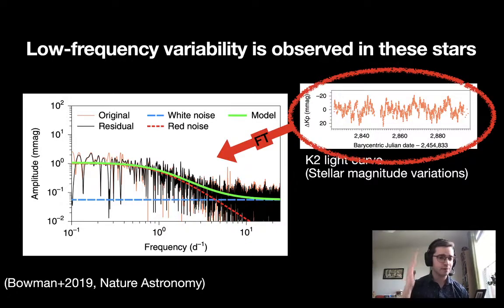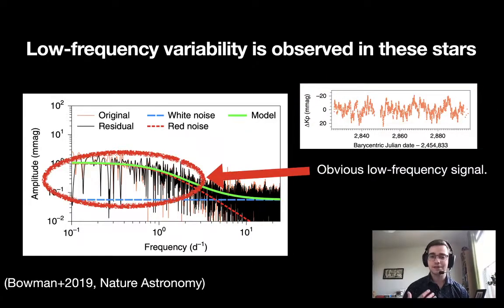So here you're seeing amplitude versus frequency, and this frequency spectrum has basically one feature, a bump, and it's a low frequency red noise signal because it's a flat line that's above the noise floor. So when they look at these stars, they see red noise signals like this.